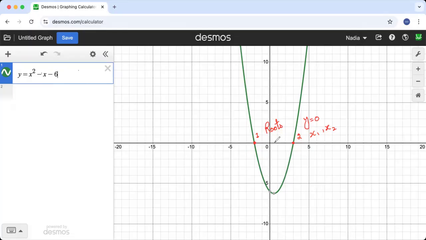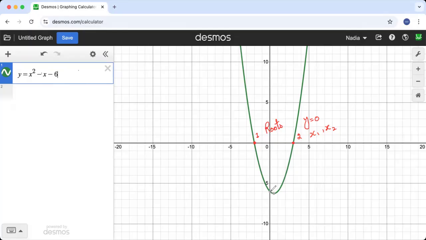When it is only touching the x-axis, there are two equal roots, because both roots come closer to each other and combine. So both are the same root, or you can say there is only one root. This is a very simple introduction of roots. We will learn more when we solve this equation using the quadratic formula.